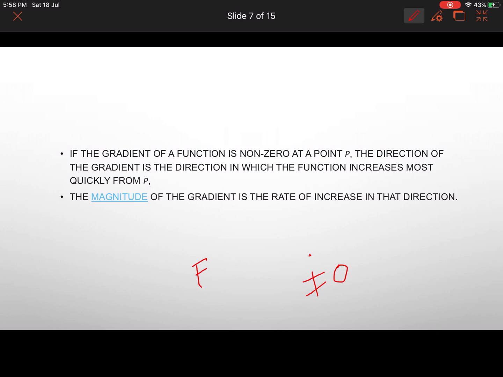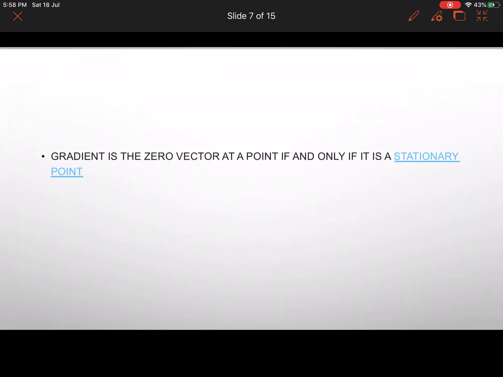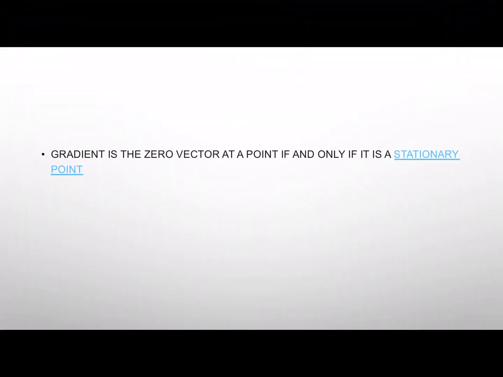Okay, that is the meaning of this sentence. Got the point? Then the magnitude tells how much it is changing, whether it is quickly changing or slowly changing. Of course, in the next slides, I will explain with physics examples. Don't worry. Okay, the gradient is 0. If the gradient is 0, what does it mean?